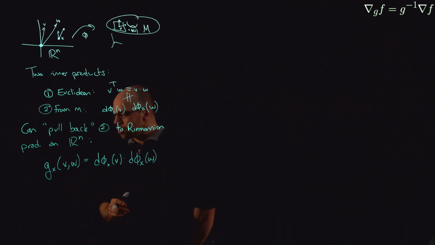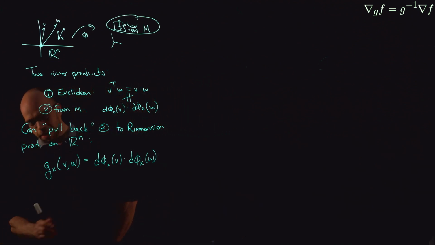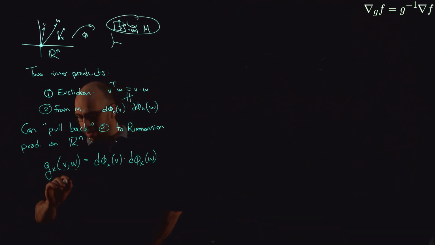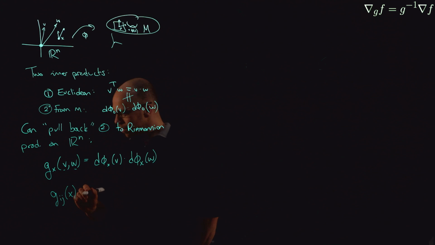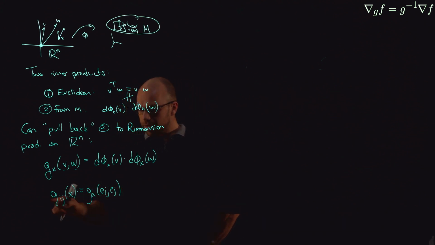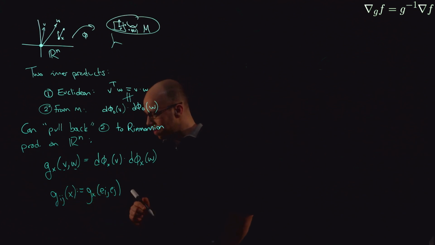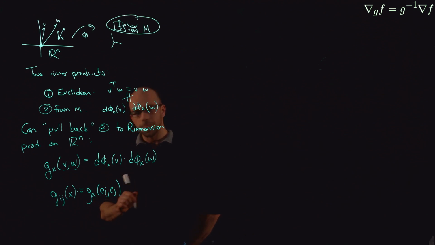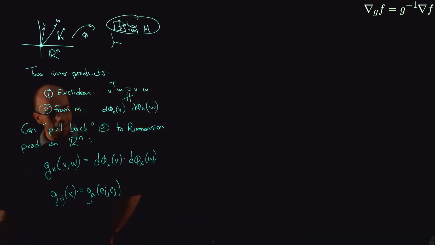Okay, so in particular, if I take v and w to be the standard basis, then I can define a matrix G_ij, which is really a function of x, which is just g_x evaluated at e_i, e_j. And notice that this is a positive definite matrix, assuming that phi is a local parametrization.